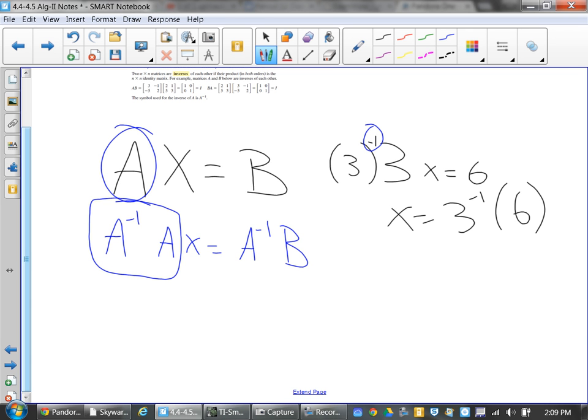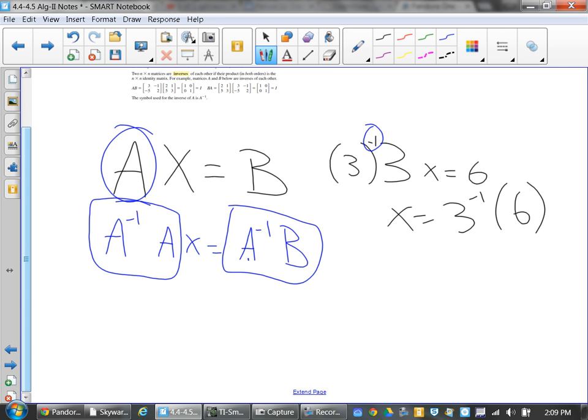All we're doing here is a weird version of multiplying. Instead of flipping a fraction, we're going to flip matrices. The only rule I have to remind you of is when you multiply both sides by an inverse, the inverse matrix always goes first.